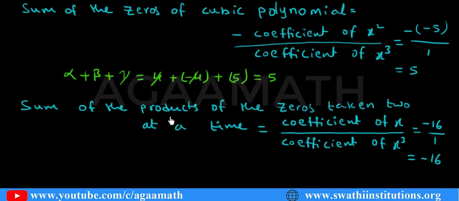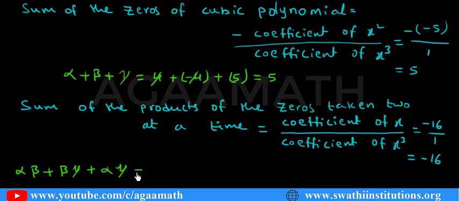Now let us see what is sum of the product of the zeros taken 2 at a time. It is nothing but alpha beta plus beta gamma plus and alpha gamma, right?